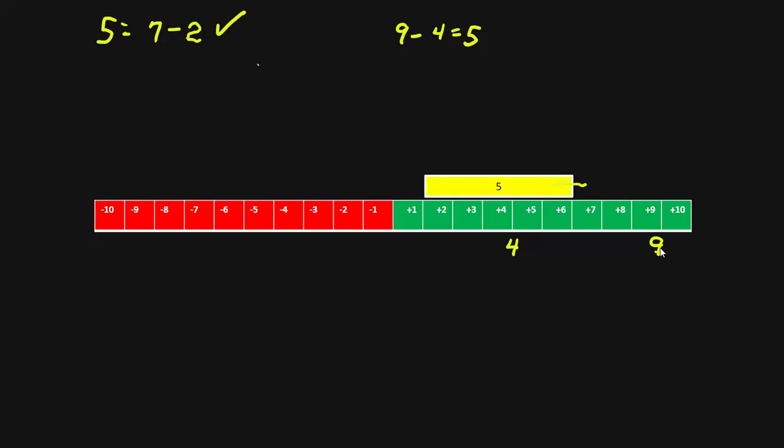I'll erase that 9. And I'll write in the numbers 6 and 1. And what I'd like you to do at this time is to write another subtraction equation relating 1, 6, and 5.